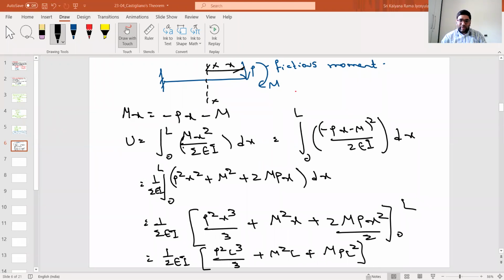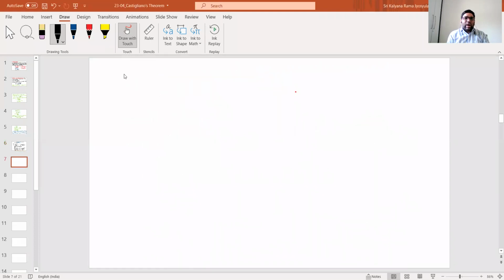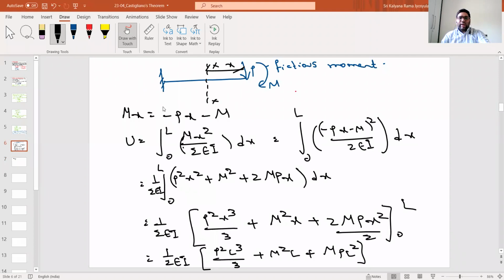Now the concept is partial differentiation of strain energy with respect to the applied moment. So theta B is equal to partial U by partial M. Partial differentiation with respect to M, so the first term becomes 0 and will not have any role.